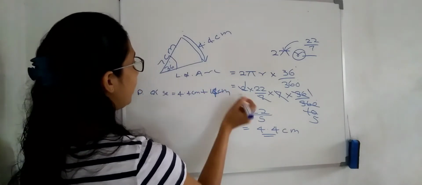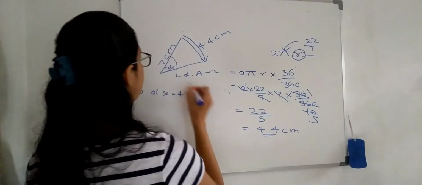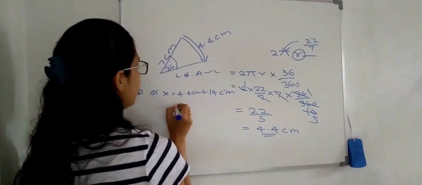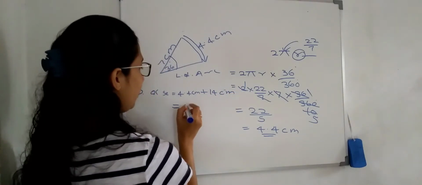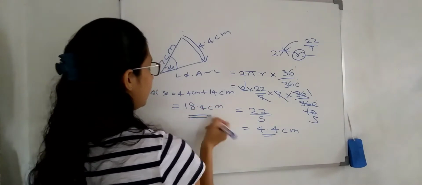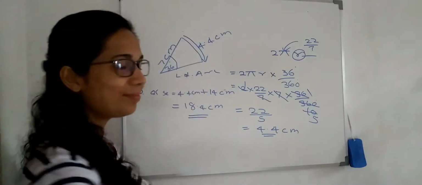The value of these two radii is 14 centimeters. Now, what is the perimeter of this sector? It is 18.4 centimeters. This is the perimeter of this sector.